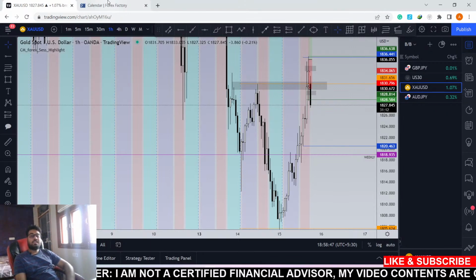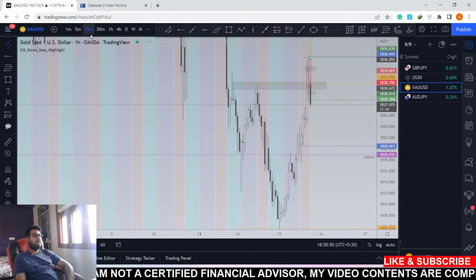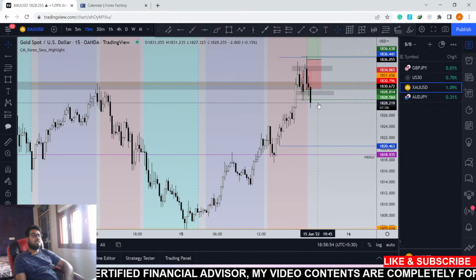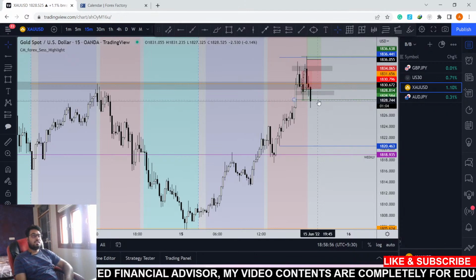Just 1 minute 15 seconds, this candle will close, and after this close, if it gives us a nice bearish candle, we can look for a sell.